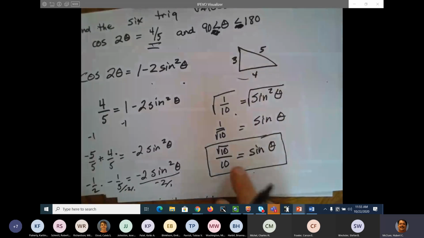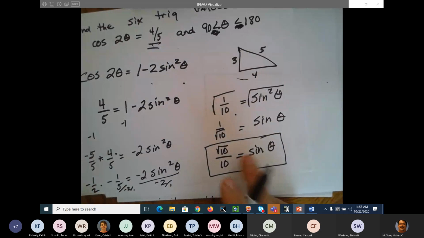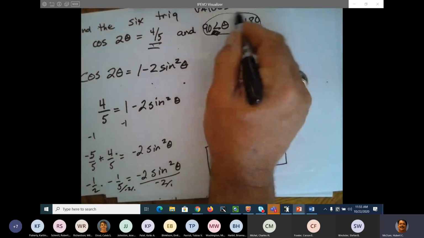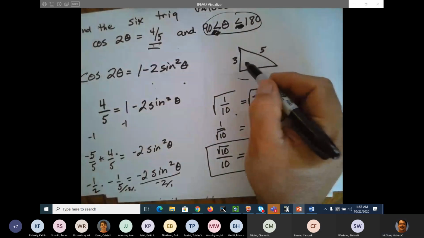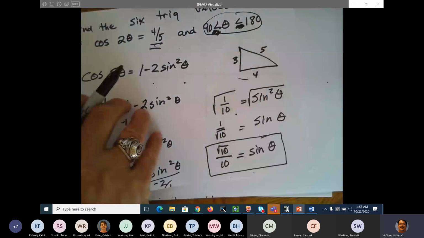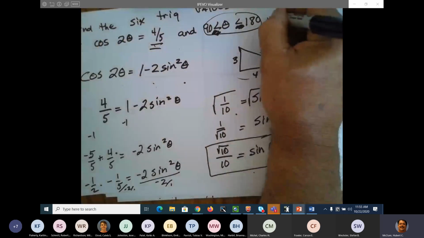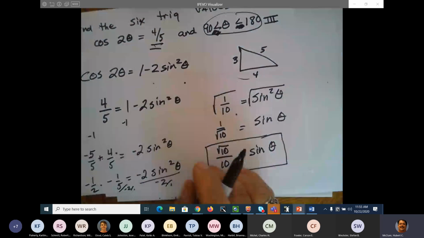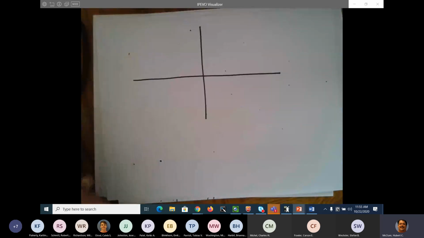This is positive, so it either has to be in the first or second quadrant. And it says between 90 and 180, that's the second quadrant. So you know that this triangle is going to fall in the second quadrant. I'll draw it in a light blue.